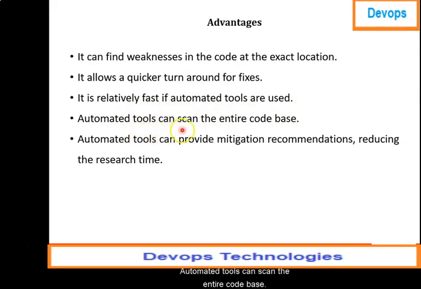Automated tools can scan the entire code base. Automated tools can provide mitigation recommendations, reducing the research time. It permits weaknesses to be found earlier in the development lifecycle, thereby reducing the cost to fix.